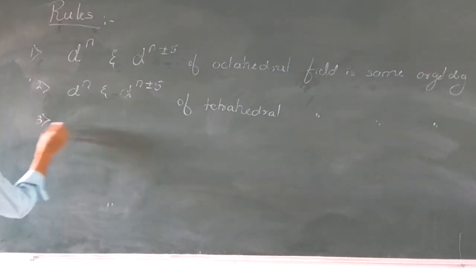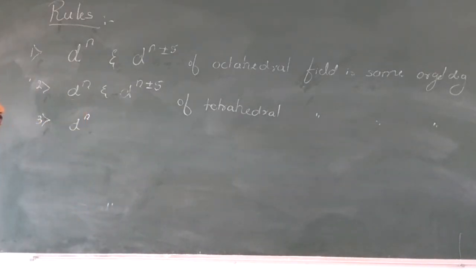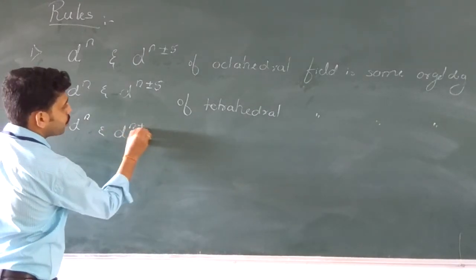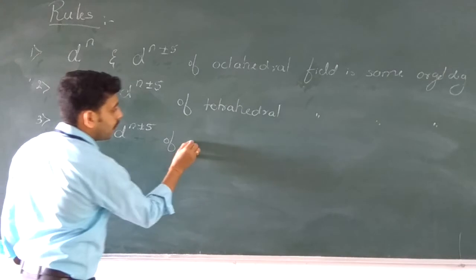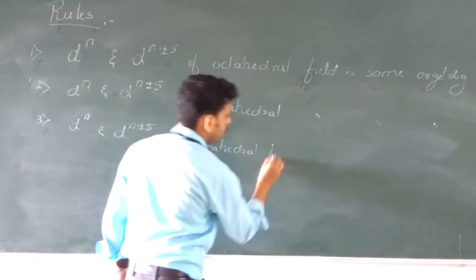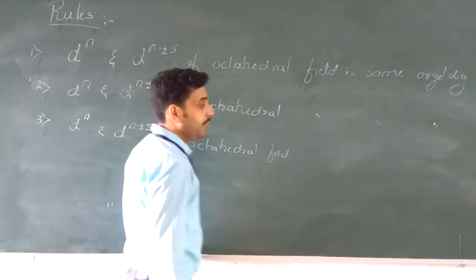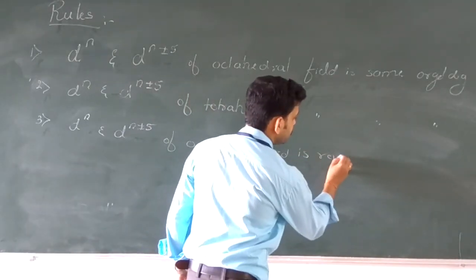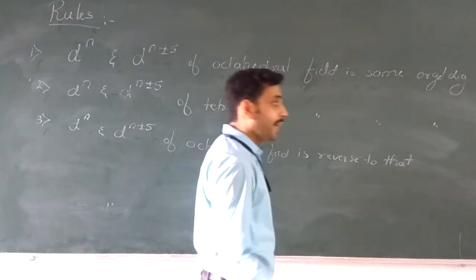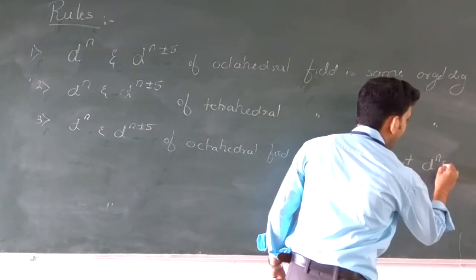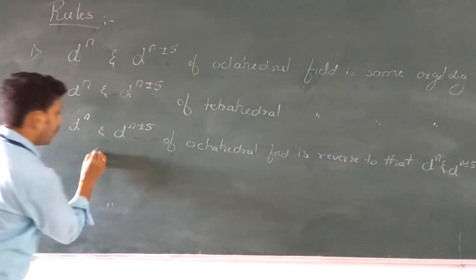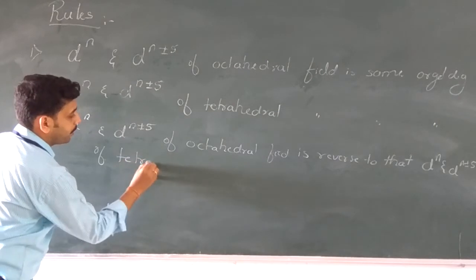The third one: dn and d(n plus or minus 5) of octahedral field is the reverse of dn and d(n plus or minus 5) of tetrahedral geometry.